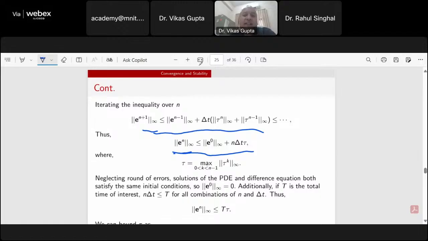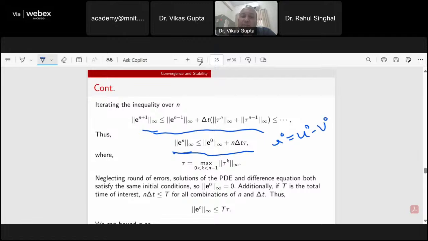So what is norm of E0? Vector E0 is equal to the continuous solution vector U0 minus the finite difference solution vector U0.